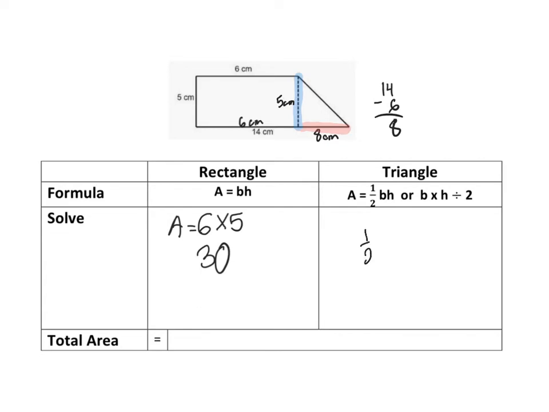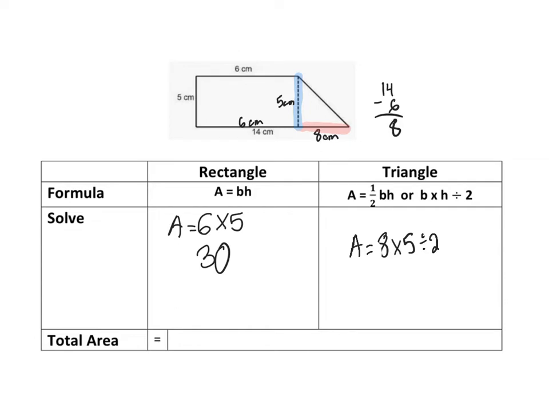1/2 base, which is 8, times the height, which is 5. Now that 1/2 really just means divided by 2. So I'm going to erase that and put divide by 2. That's a little easier to work with.